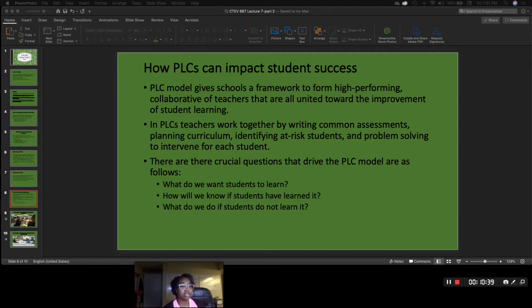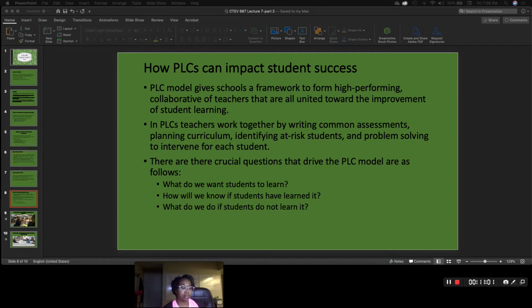So here it says the POC model gives schools a framework to form high-performing collaborative efforts with teachers that are all united toward the improvement of student learning, just like I just said. And in POCs, teachers work together by writing common assessments, planning curriculum, identifying at-risk students, and problem solving to intervene for each student. This is a lot of what RTI does.